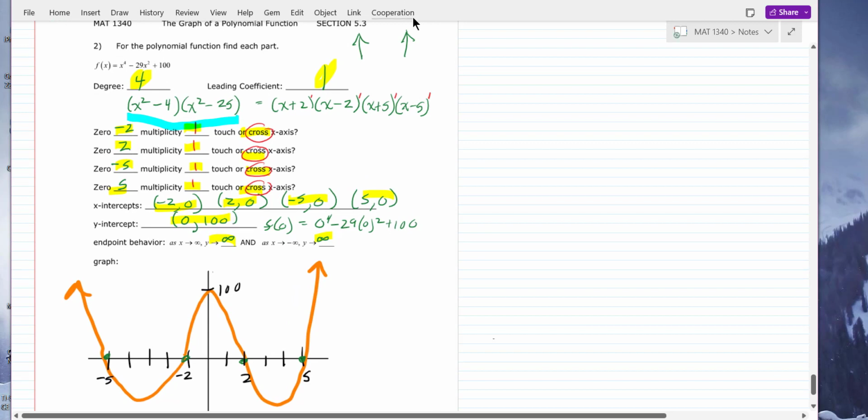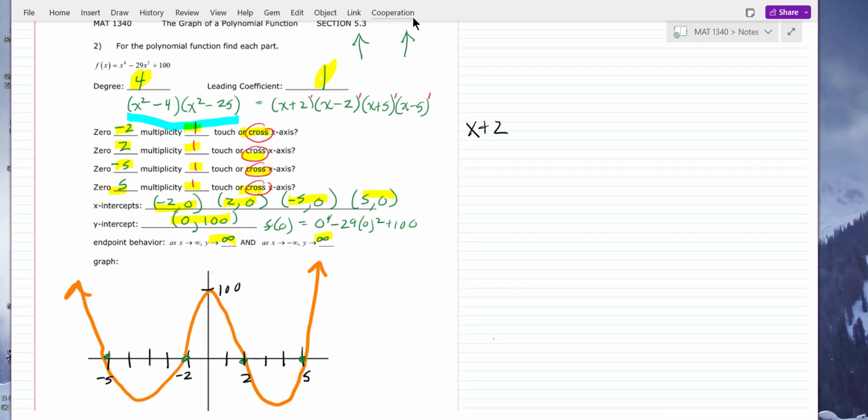Again, you don't have to write this down, but you're doing x plus 2 equals 0, x minus 2 equals 0, x plus 5 equals 0, x minus 5 equals 0. That's why you can do the zeros in your head, because you don't have to show any work when you solve those equations. So you'd have a zero at negative 2, 2, negative 5, and 5. Multiplicities are all 1, so you cross everywhere on that.